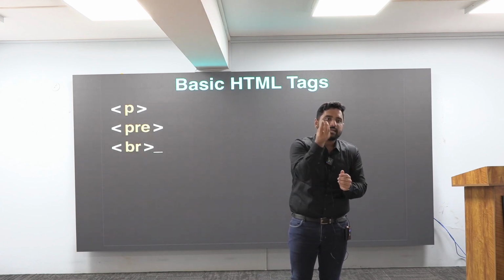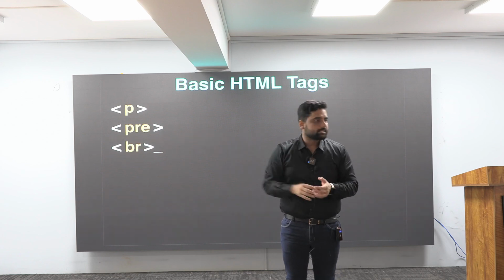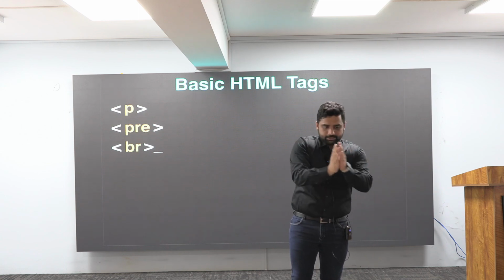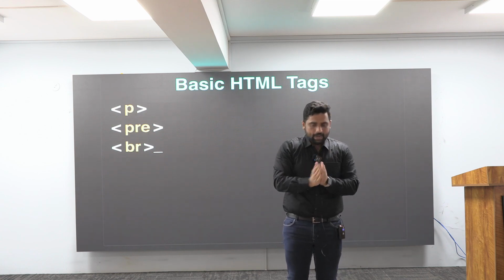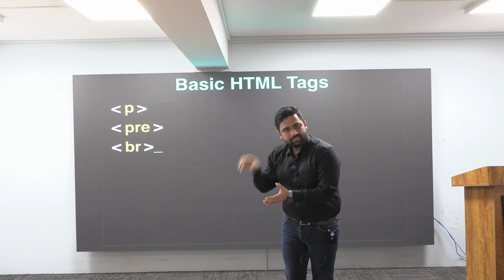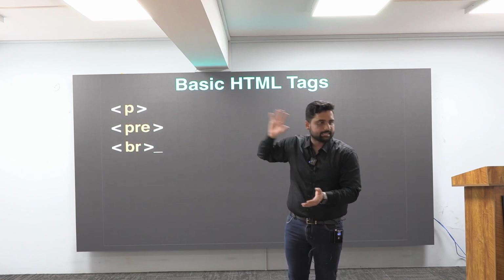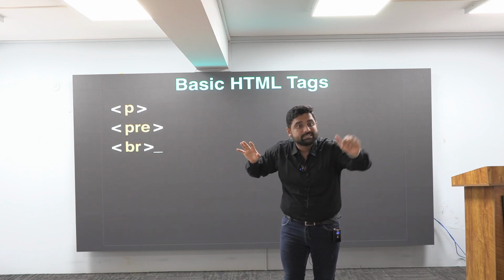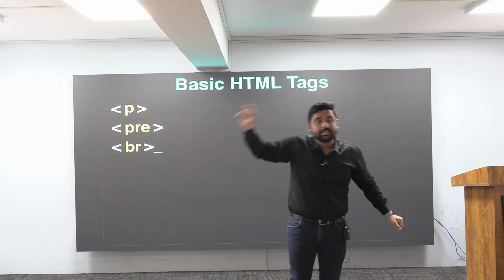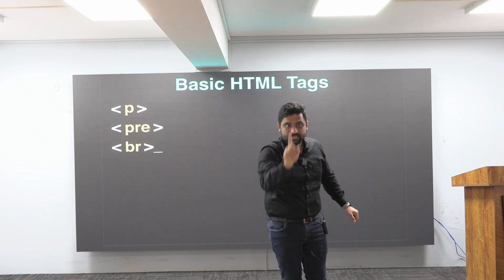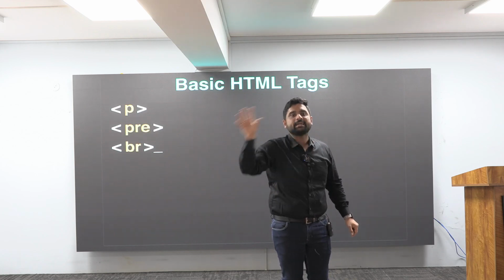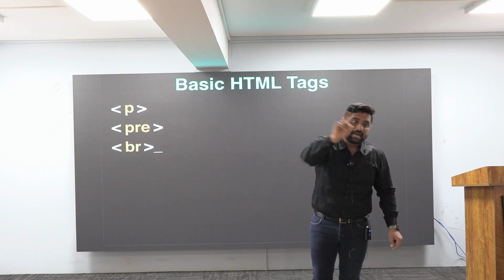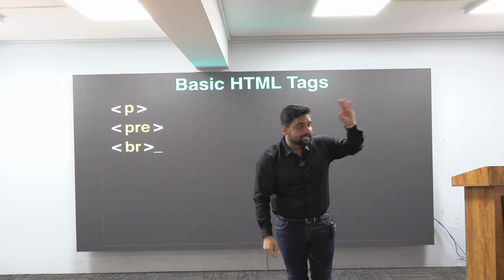Yes sir, we can achieve it with the help of BR also, so we can split our text, our sentence, but not like that. If the scenario comes that just this part of the sentence has to be in the first line and a few parts of the sentence in the next line, that time you can use BR tag, but you should not use it every time. So it depends on the scenario. If the interviewer says that I want my content displayed in the format of rhymes or poems, that time you have to use pre tag.